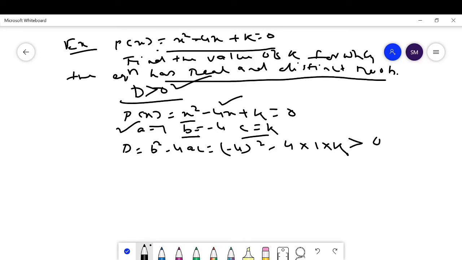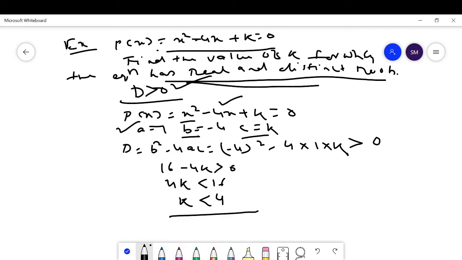Then as the equation has real and distinct roots, this means D is greater than 0. This means 4 square, 16 minus 4k, is greater than 0, which implies 4k is less than 16, which implies k is less than 4. Then the given equation has real and distinct roots for the value of k less than 4.